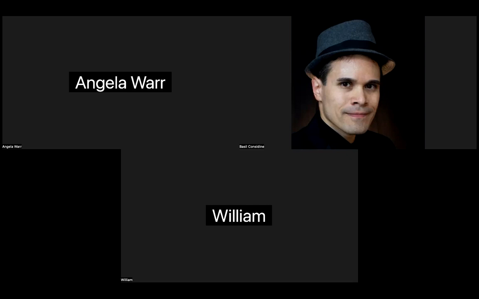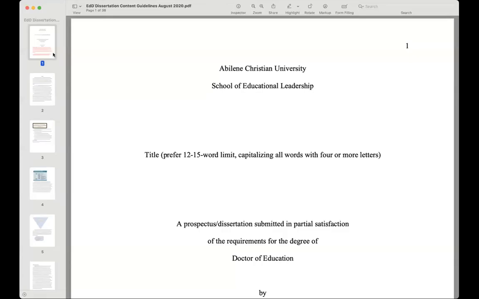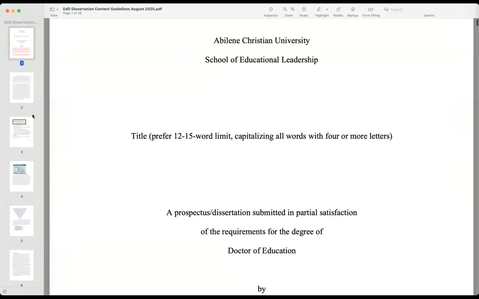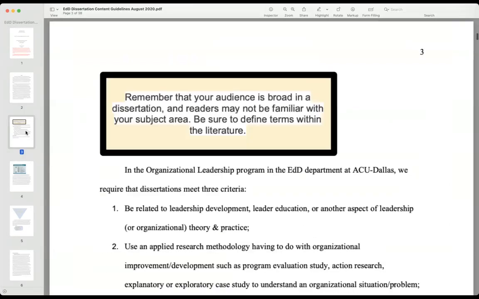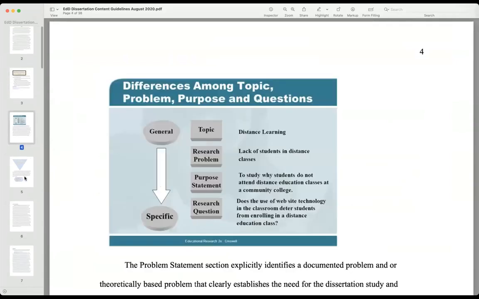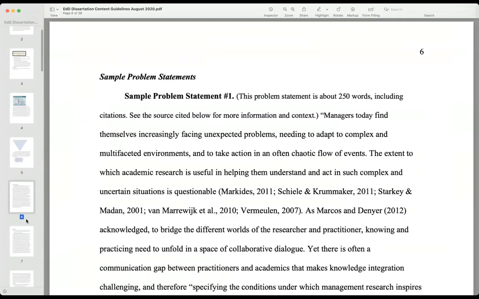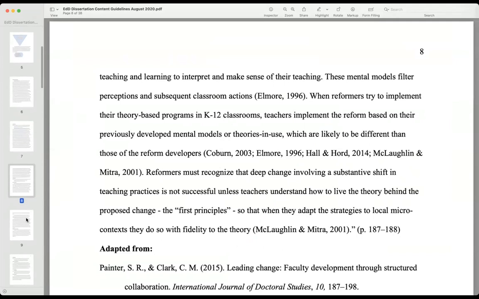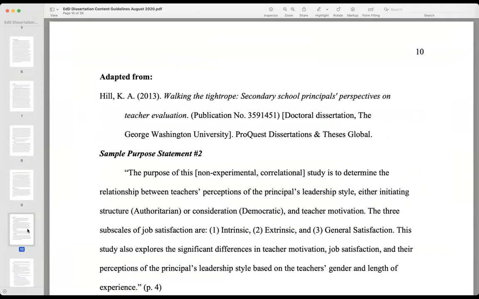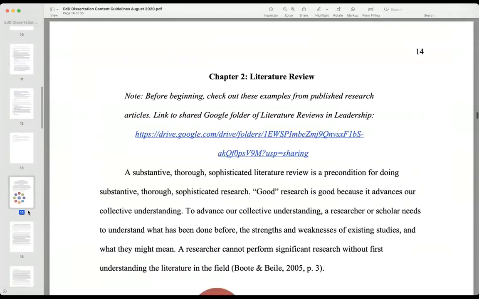If we look at the EDD dissertation content guidelines, this document here, the dissertation content guidelines go into much more specific detail about what to have in each section. So if we look at the literature review section, that's starting down here on page 14.